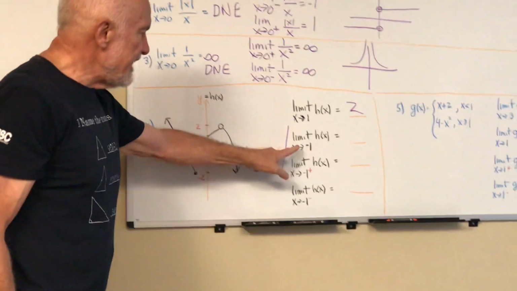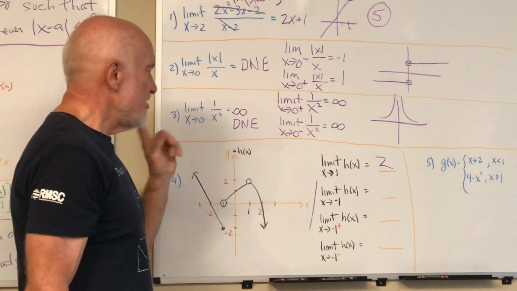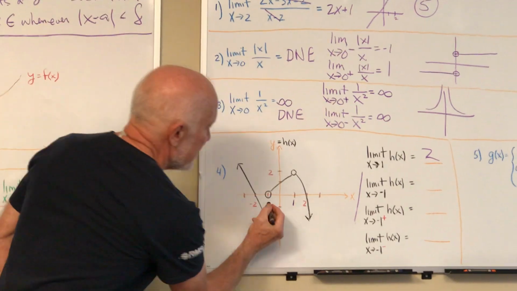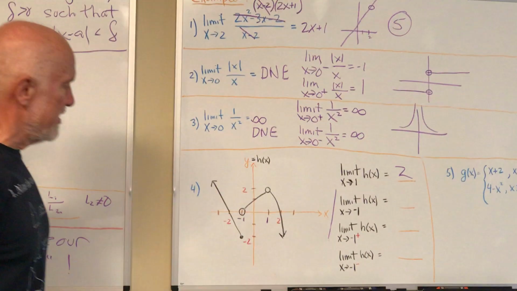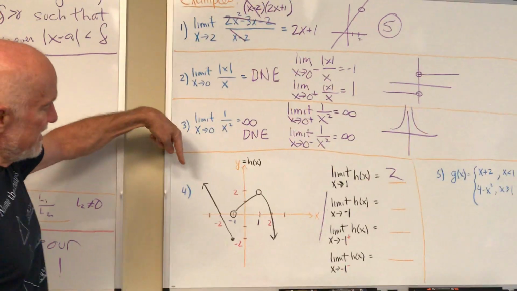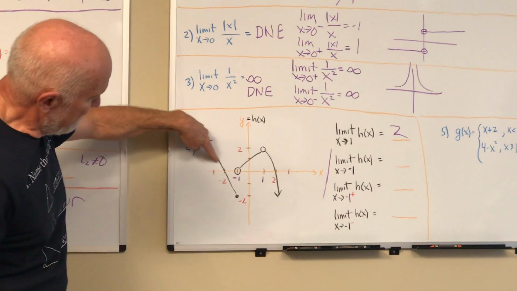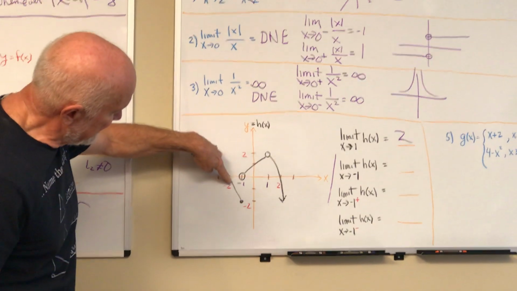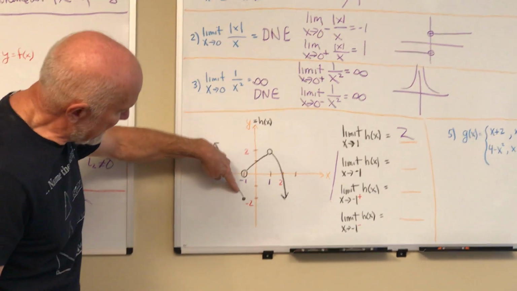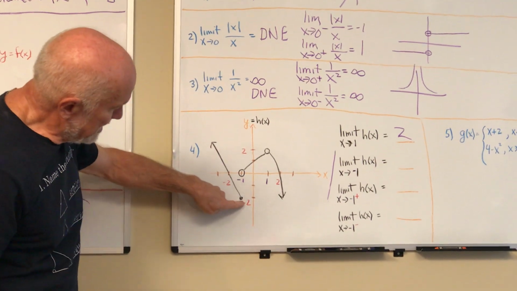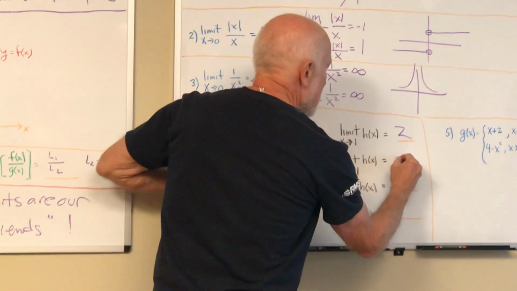Now, -1 is slightly different. Here's x equals -1 over here. Well, let's try the same thing. What's the limit as x approaches -1 from the left-hand side? The function seems to be getting close to -2.